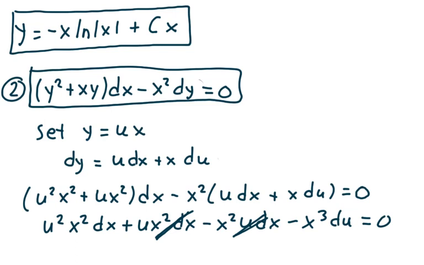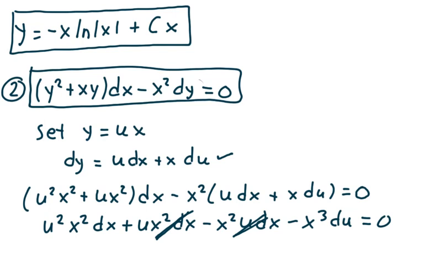In example 2, suppose we have the quantity y squared plus xy dx minus x squared dy is equal to 0. So what we're going to do is set y equal to ux. dy is u dx plus x du.